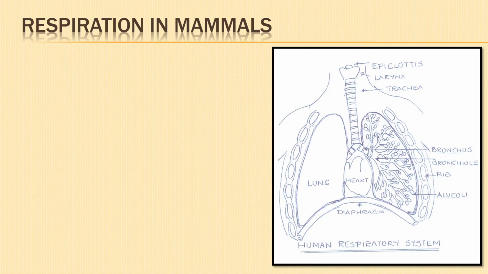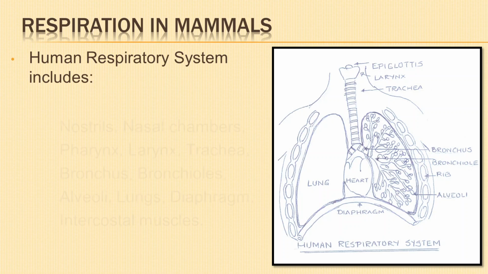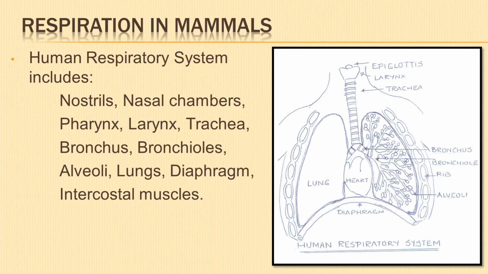Human respiratory system includes nostrils, nasal chambers, pharynx, larynx, trachea, bronchus, bronchioles, alveoli, lungs, diaphragm, and intercostal muscles.